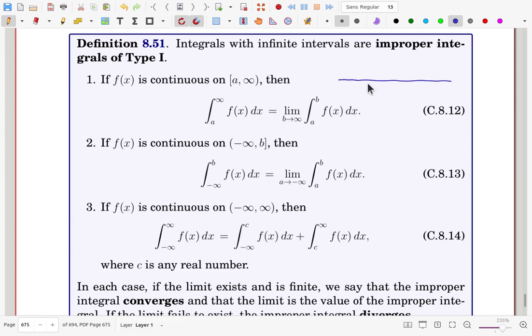Here, f is defined from a to infinity, and the value is given like that. Then, from a to some point b, we try to get the integral. The integral from a to b is finite no matter what it is.